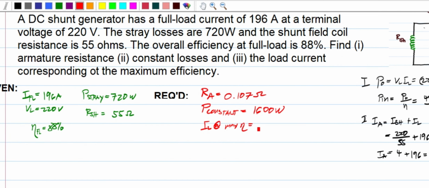Therefore, IL at maximum efficiency is 118.28 amperes.